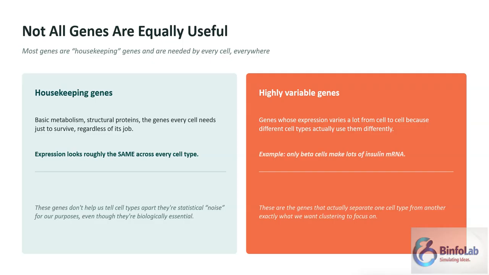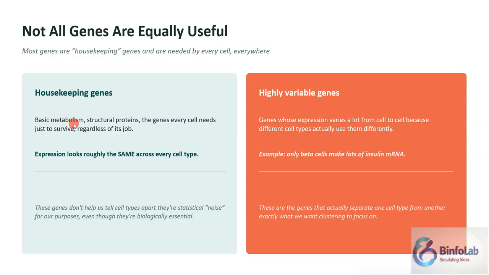For example, a gene for metabolism: it doesn't matter, metabolism will take place. A gene for a structural role doesn't matter the fate of the cell, it has to be expressed.